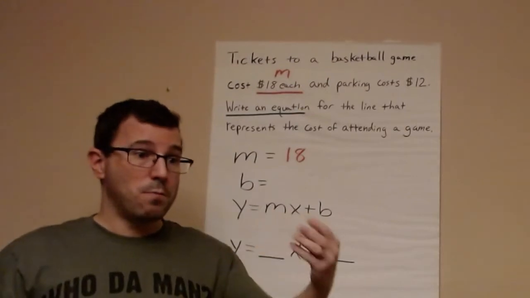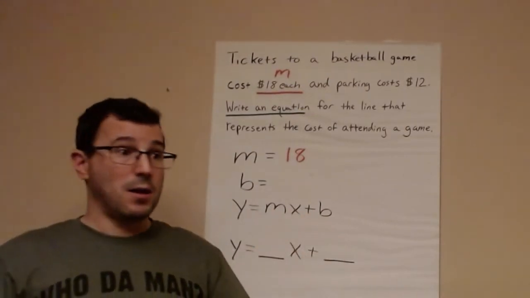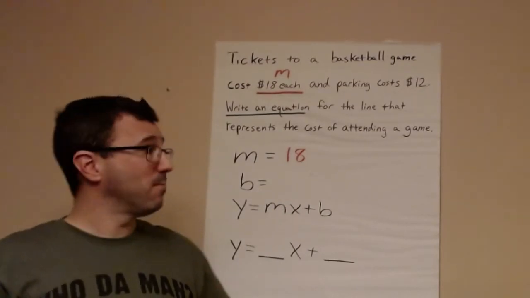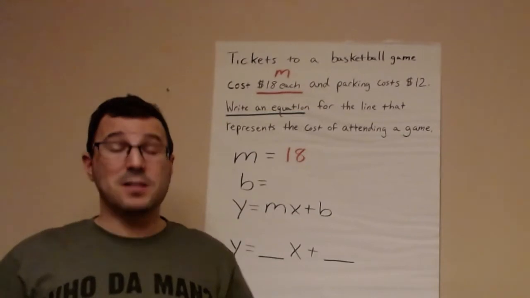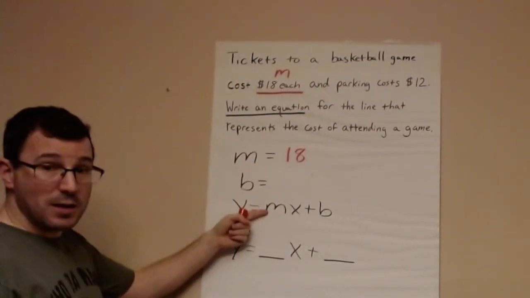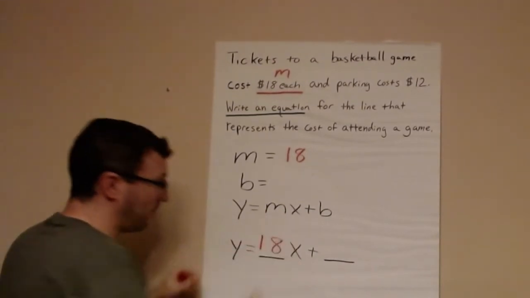So per week, per hour, per mile, per day, per item, things like that, per person. Those are the things that tell us this is our slope. So m equals 18. Here's m, directly underneath it, 18.